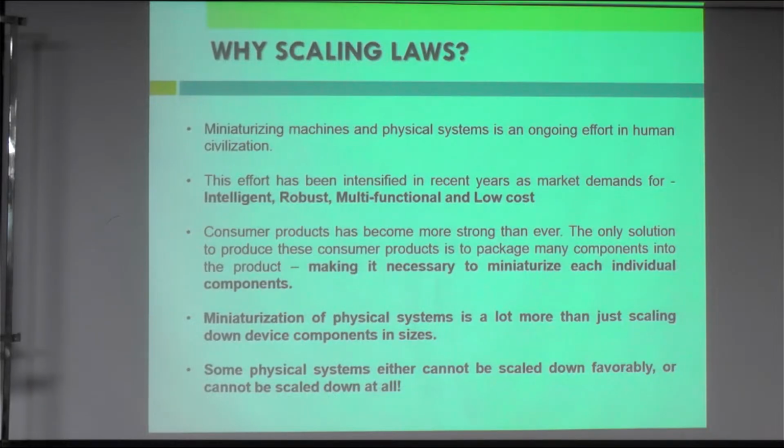But we have to be aware. To a certain extent, we want things to become cheap, right? We want high performance, but at a low price.